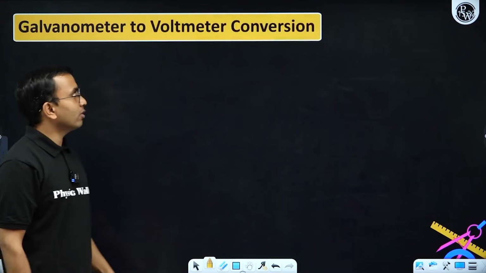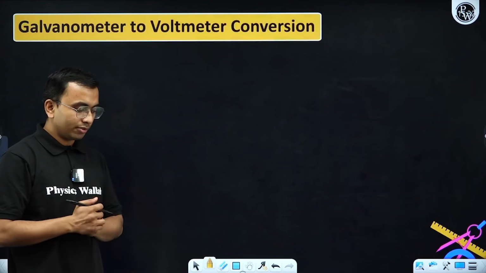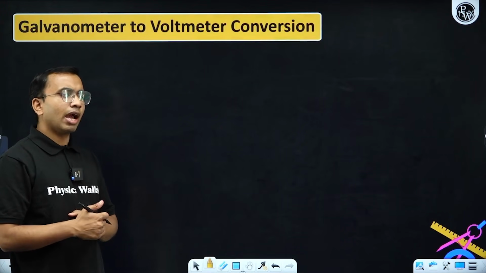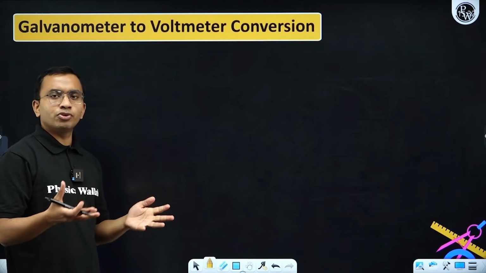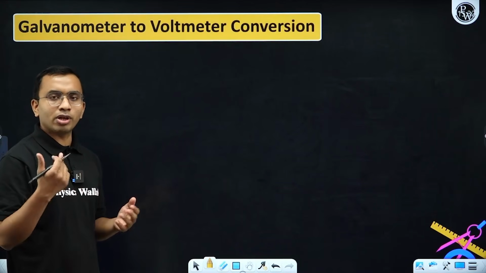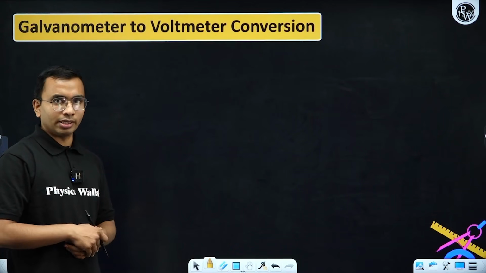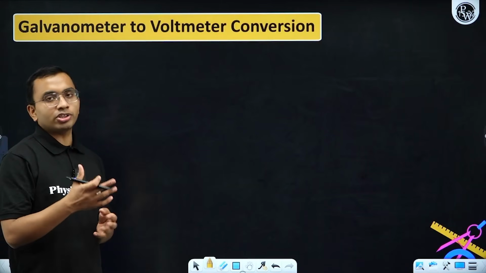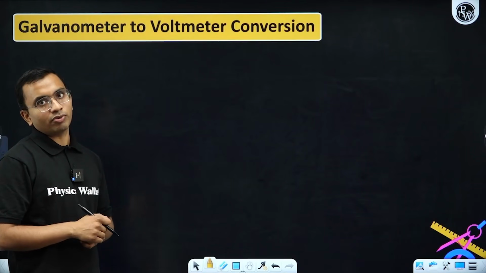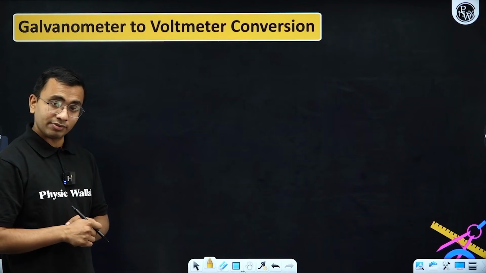Now converting galvanometer to voltmeter. Galvanometer will have some range from 0 to a few microamperes, let us take 100 microampere, or 250 microampere. We want to measure potential using that galvanometer now. So what we need is very high resistance for that.